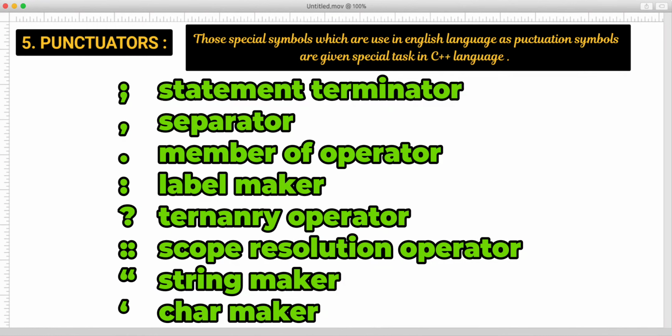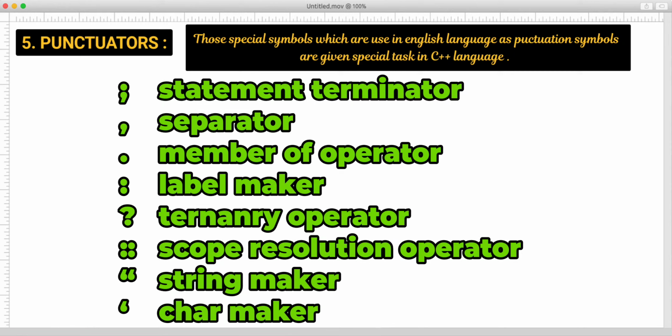For example, you can see the semicolon is used as statement terminator, comma as separator, dot as member of operator, colon as label marker, question mark as ternary operator, also known as conditional operator, double colon as scope resolution operator, double quotes as a string marker, and single quote as character marker.